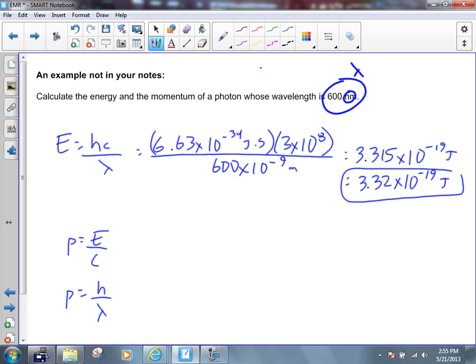Or we can go back to our original data and just say H over lambda, 6.63 times 10 to the minus 34. By the way, you're always using the 6.63 value in these questions, always. Never the 4.14 value.